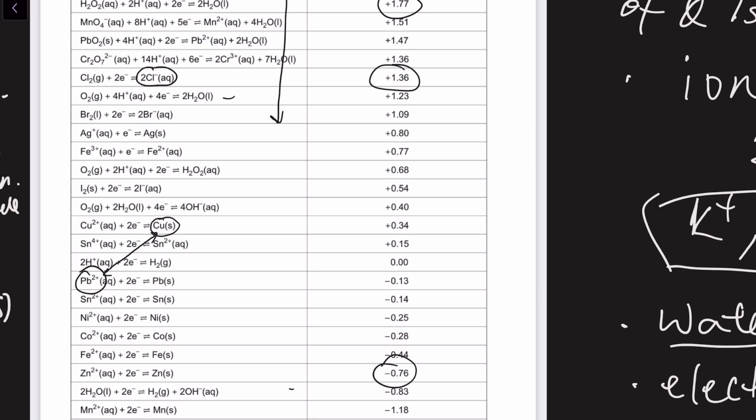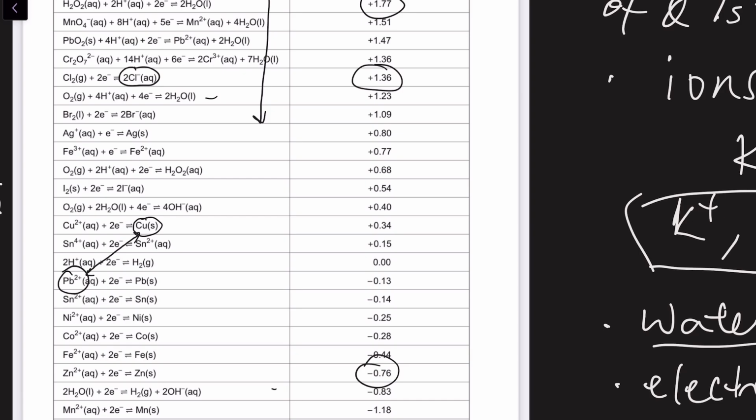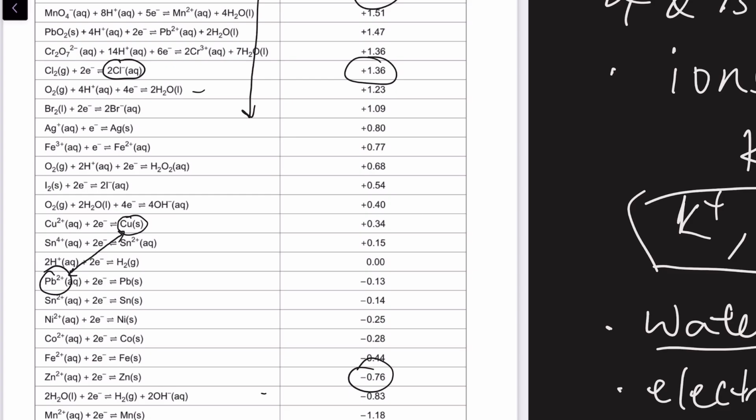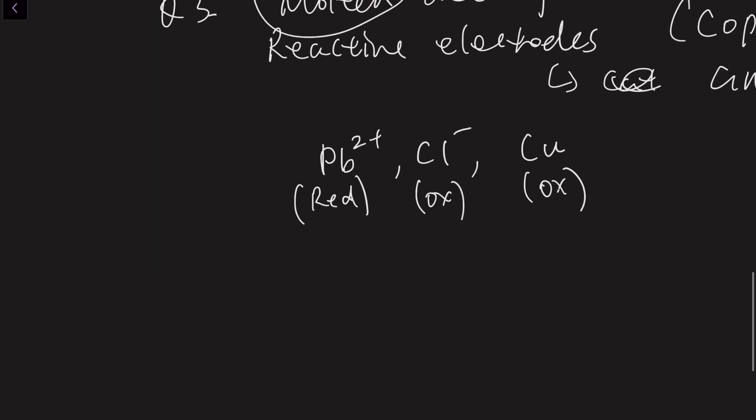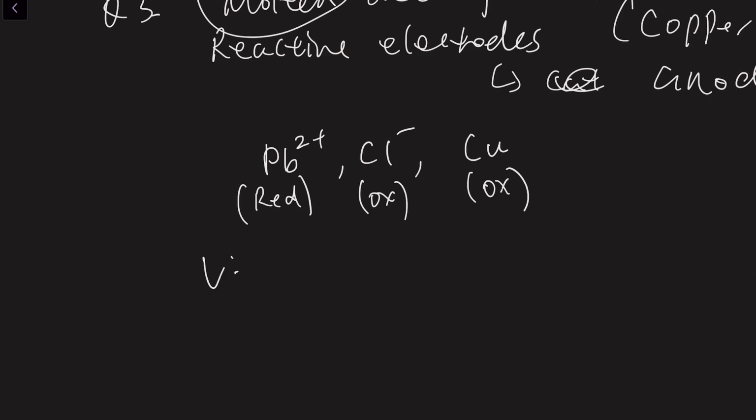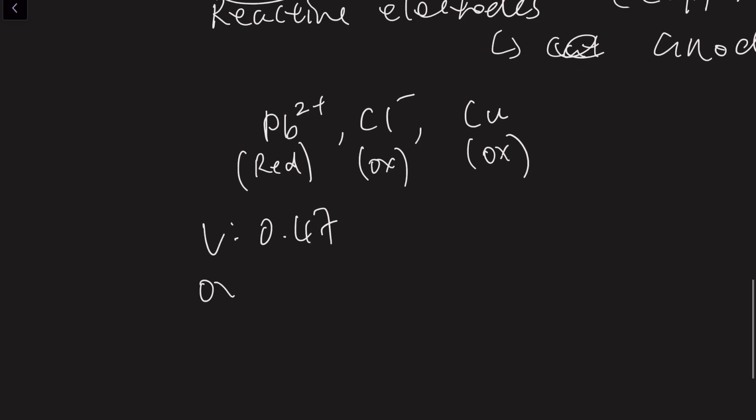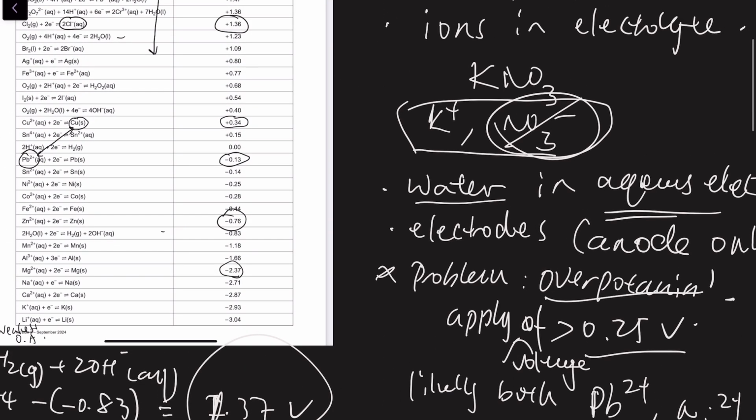So these two will preferentially react with a given voltage. We can also calculate the voltage required, which is 0.34 minus negative 0.13. So the voltage required here is 0.47. And the oxidation reaction, as we have seen from the electrochemical series, is the oxidation of copper.